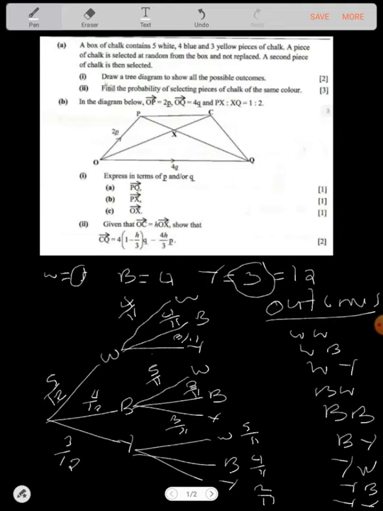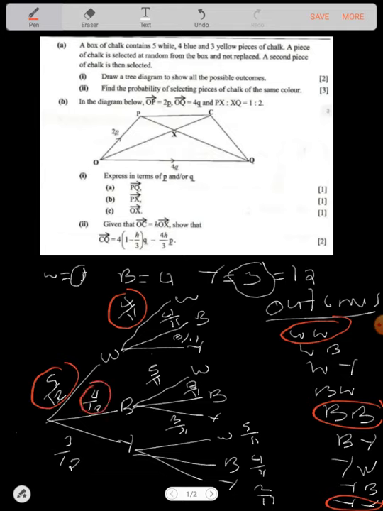And then we have part 2, which says find the probability of selecting pieces of chalk of the same color. If you have to choose pieces of the same color, that can be white white, or blue blue, or yellow yellow. So for white white, we get this and multiply by this, we add plus BB, we get this, multiply by this, plus this by this.